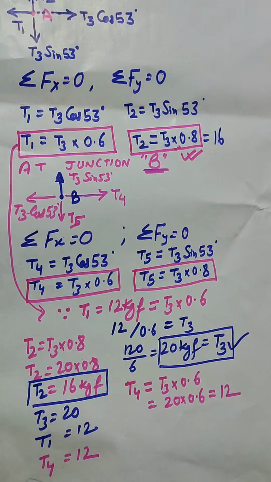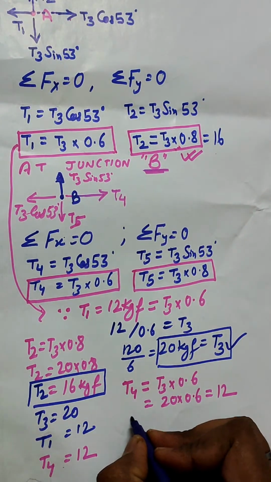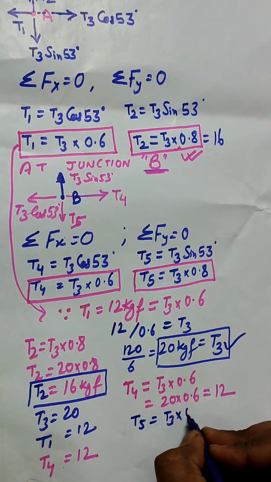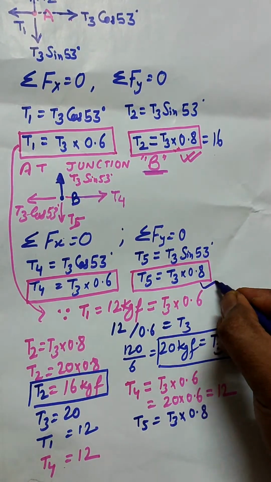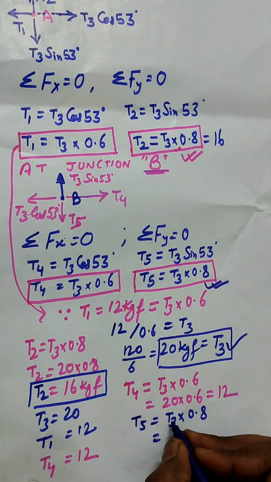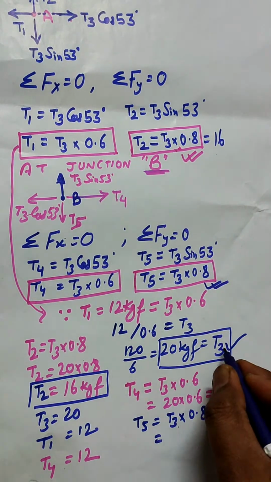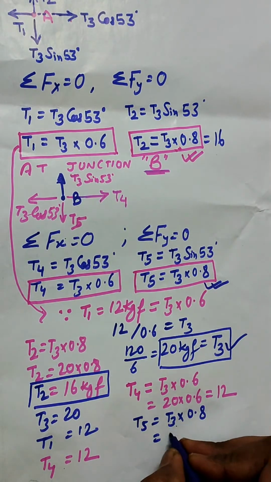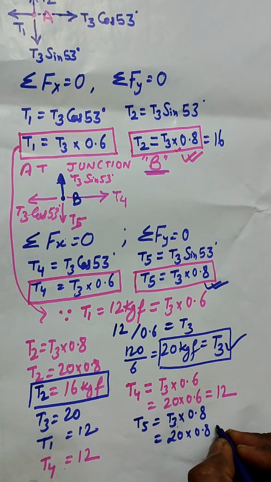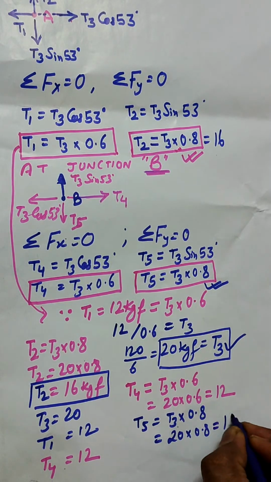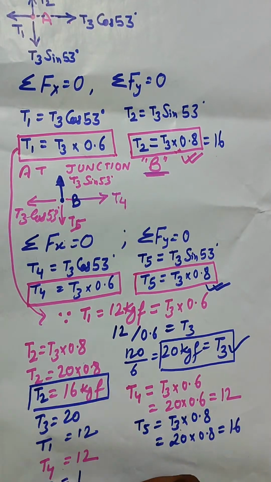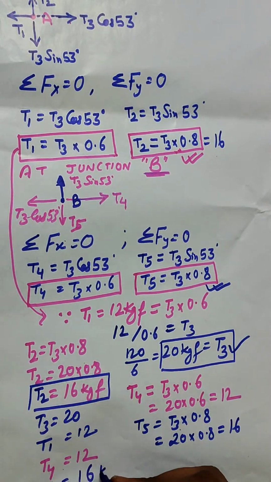Now the value of T5. T5 is calculated as T3 into 0.8 using this equation. Just put in the value of T3 as 20 into 0.8. This will give you 16. So the value of T5 is also calculated, which is equal to 16 kgf.